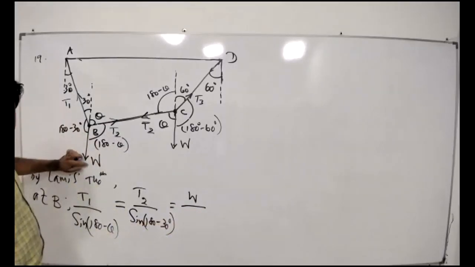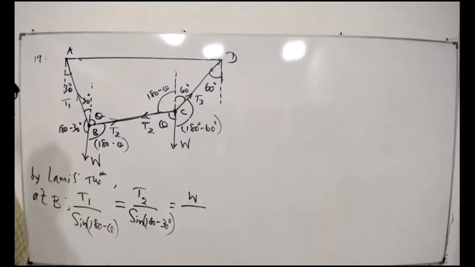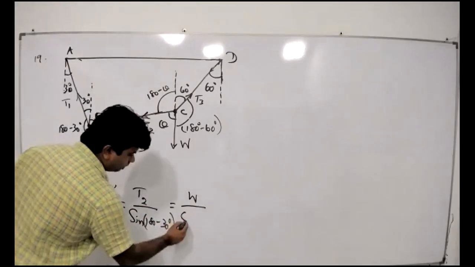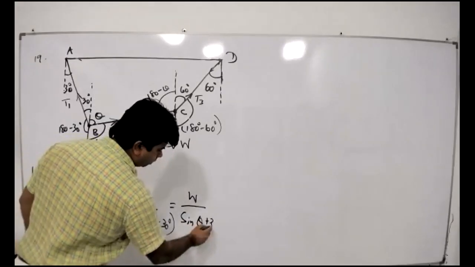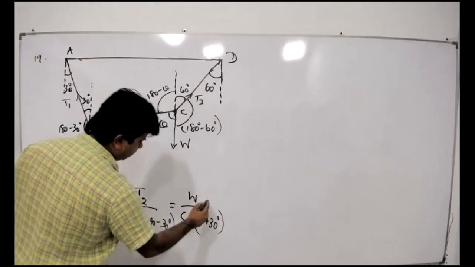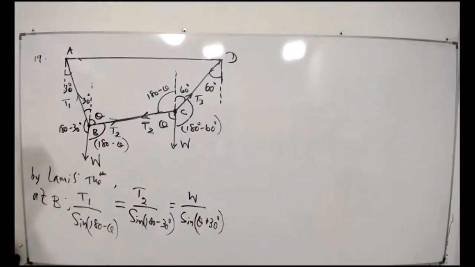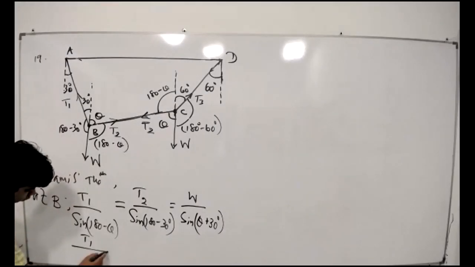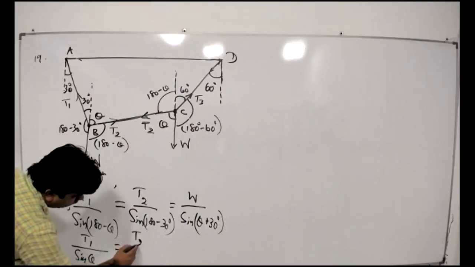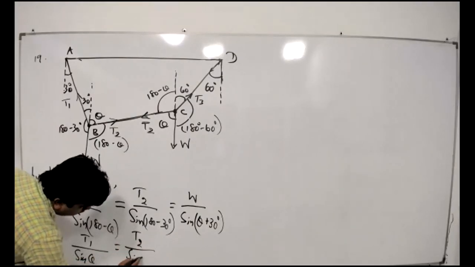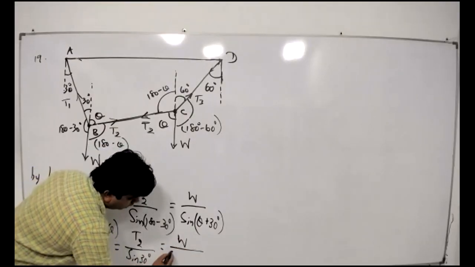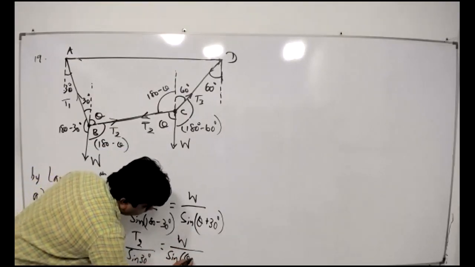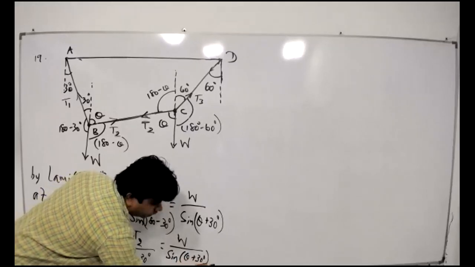W is given, so you can leave the answer in terms of W. That means T1 over sine theta equals T2 over sine 30 equals W over sine theta plus 30.